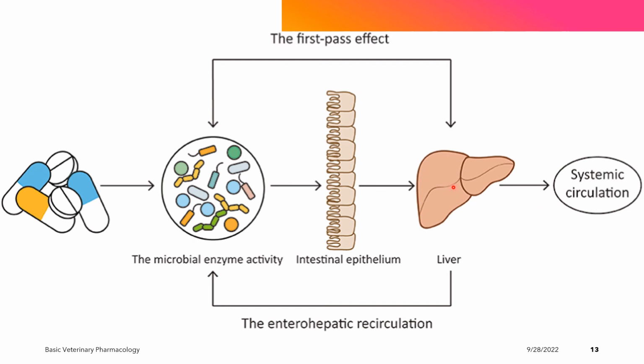Also, there are certain drugs that will undergo enterohepatic recycling, wherein the drug will be secreted together with the bile from the liver, and it will be secreted back into the intestine, and in the intestine it will be acted upon by microbial enzymes, the microbiota in the intestine, so that it will be reabsorbed back into the circulation and into the bloodstream.